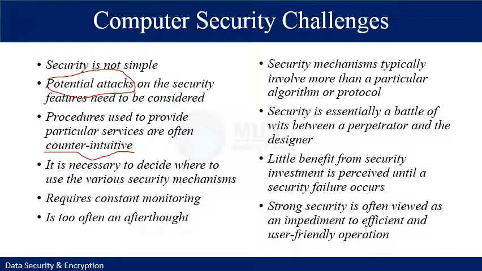For example, which kind of encryption key you need to encipher your information or data, and it can also complicate the task of security management because of the different kinds of layers and protocols. For example, if you consider the OSI network model, you have to decide at which layer you have to apply which kind of security mechanism. So it will also make it difficult to decide where to put such security mechanisms.